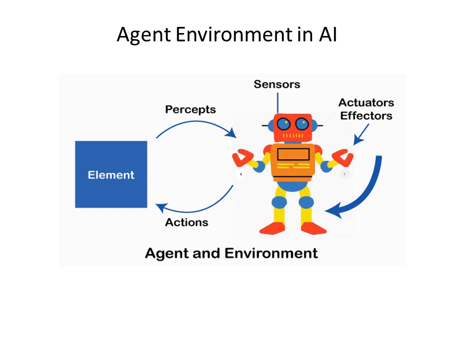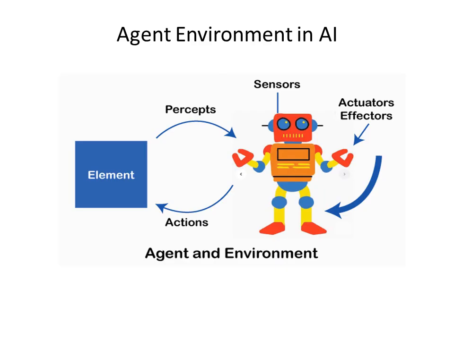Suppose the particular robot is a vacuum cleaner, so the element is nothing but dust. You are going to perceive it, so sensors are used to perceive it. Then the actuators, simply we can say the cleaning actuators, are cleaning your room with the brushes and the cloths. That is your action on that dust.